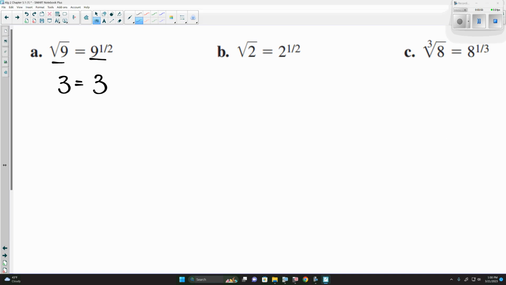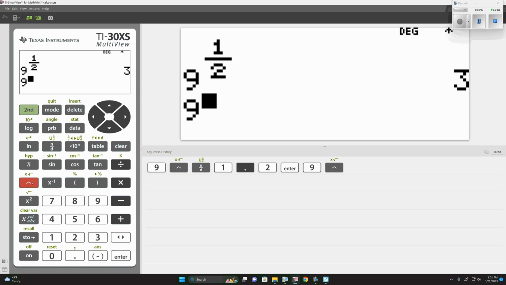So these here are the same. The square root of 9 and 9 to the 1/2 are the exact same. What would I get if we did 9 to the 0.5? Same thing. Because 1/2, 0.5, they are the exact same thing. So we can do it in either version of this. We can do it in any form.